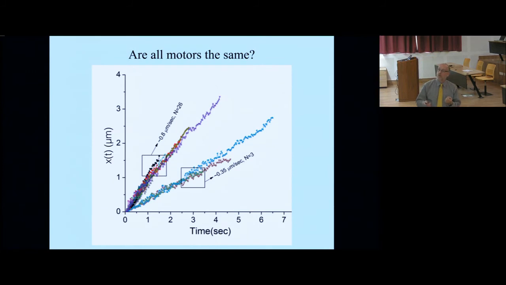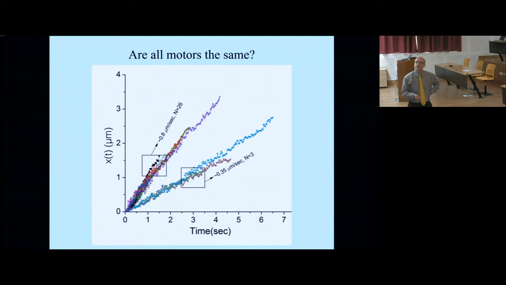And so what we see when we do that is that we see different velocities. These are individual tracks of motors walking along microtubules in vitro. And we see some with a velocity of 350 nanometers a second, and some moving at 800 nanometers a second.